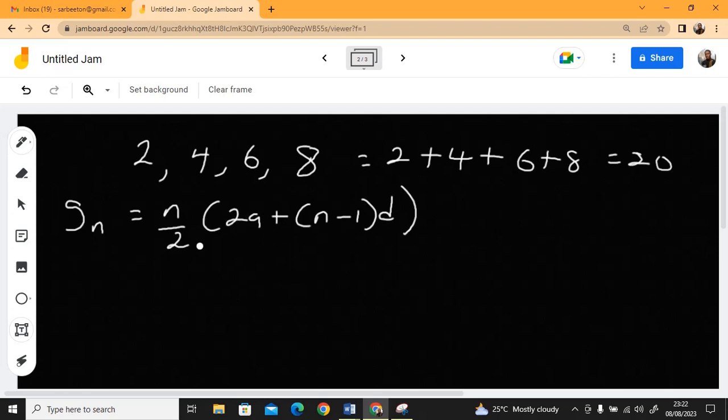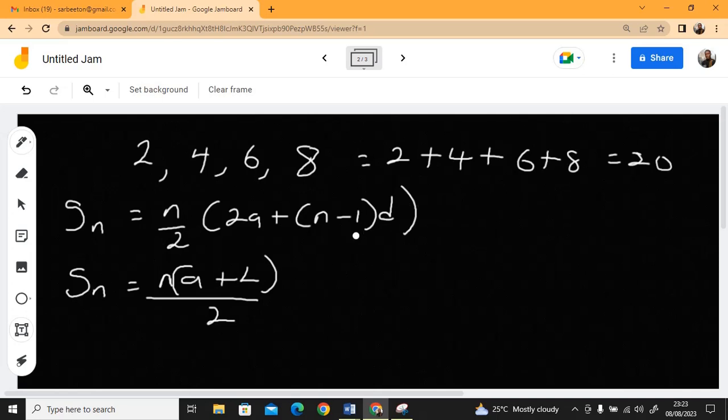And the other one, if you are not given the common difference, you can also say the sum of terms equals n times the first term plus the last term, all over 2, where n is the number of terms. So use any of them depending on what you are given. Now let's use this formula to calculate this particular value instead of using this long method.